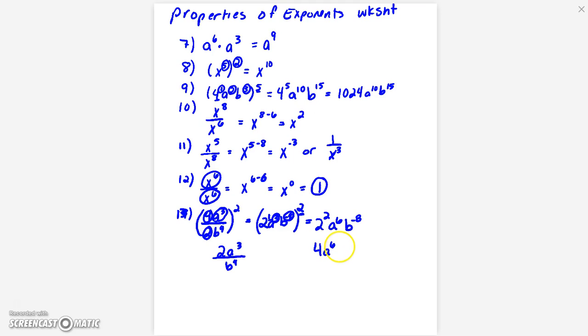A to the 6th, b to the negative 8. Or, finally, you could write 4a to the 6th, and if you put b to the 8th on the denominator, the negative goes away. So any one of these is the same answer. All right, what is next? 14.